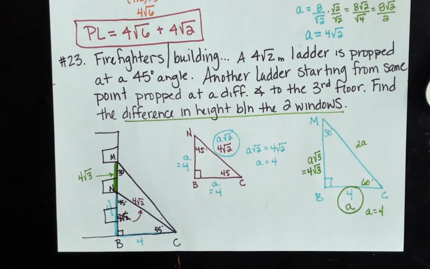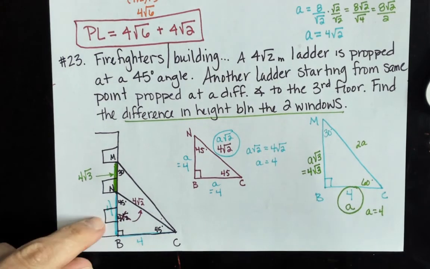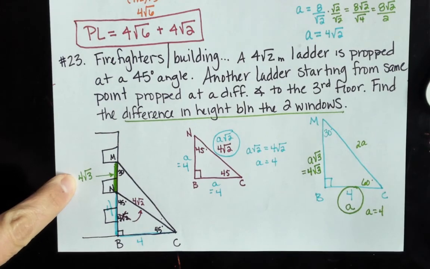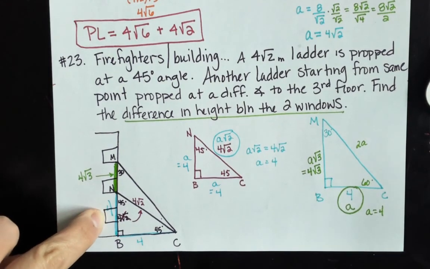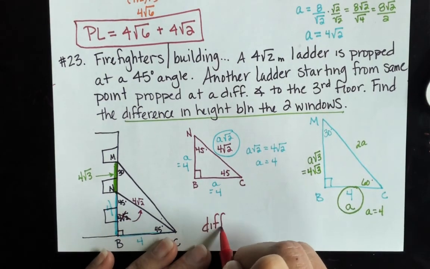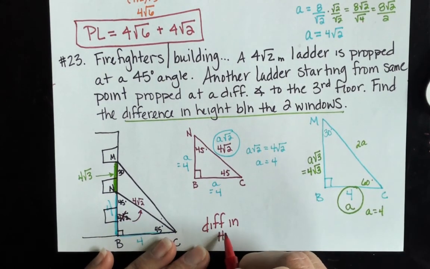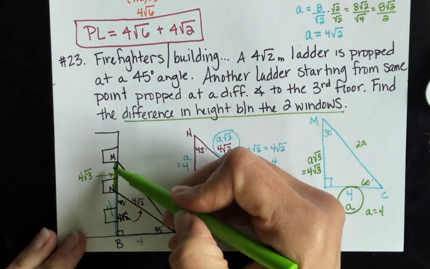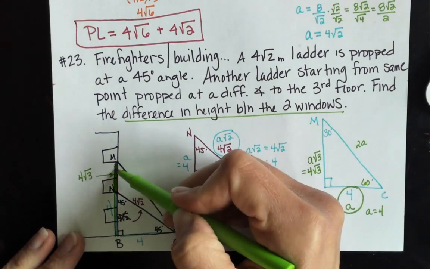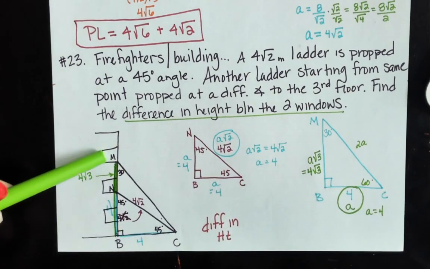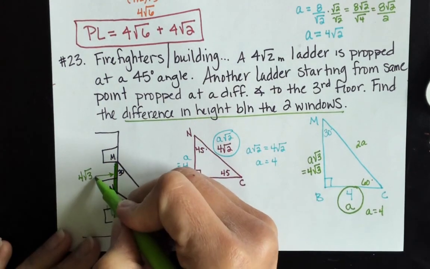Well, if I want to find out what the difference in height is, I'm going to subtract. That guy's more because it's got 4 and something. That's just a 4. So when we find the difference in height, what we're able to do is put that all the way down because that's really what it is, from M to B, from M to B. That's this whole height.